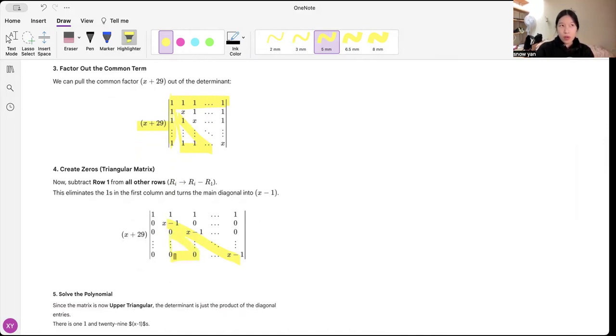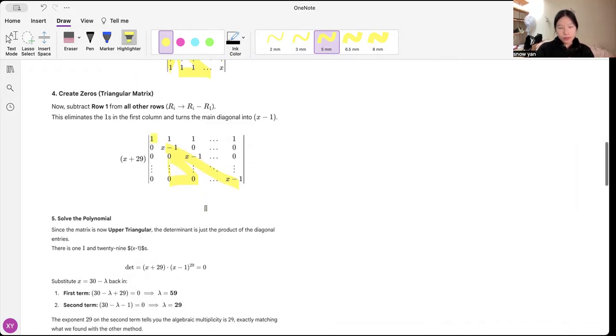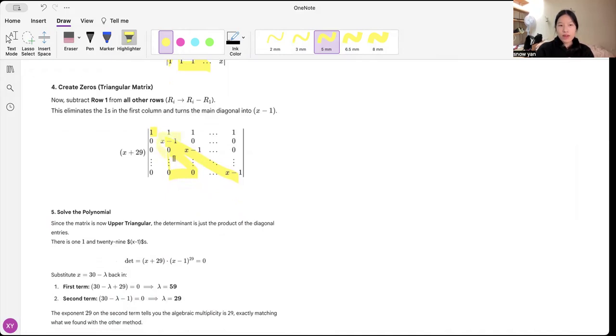If we have a triangular matrix, we know that everything on the diagonal would be our eigenvalues. So we have 29 values which are x minus 1 and one value that's 1.